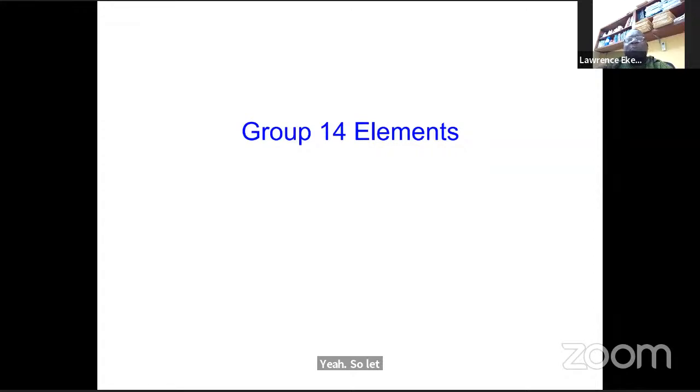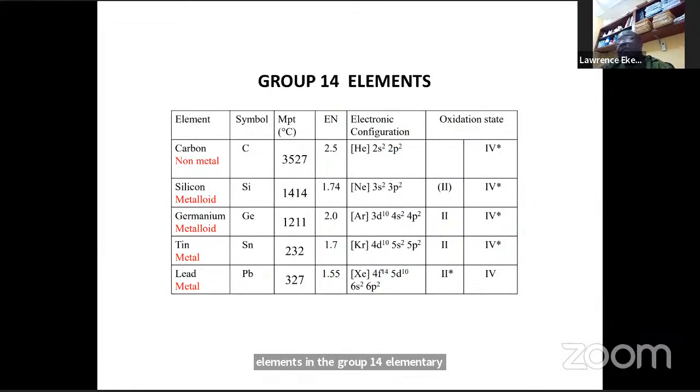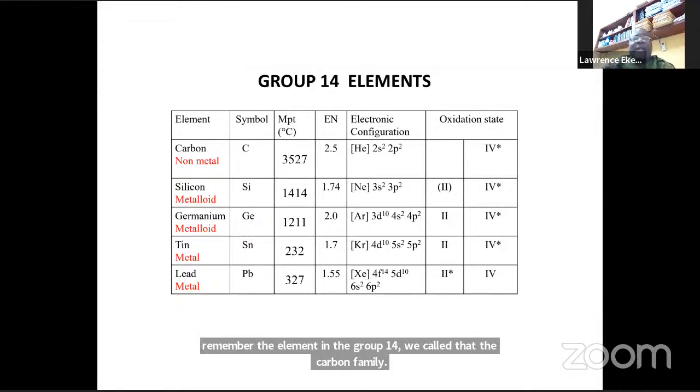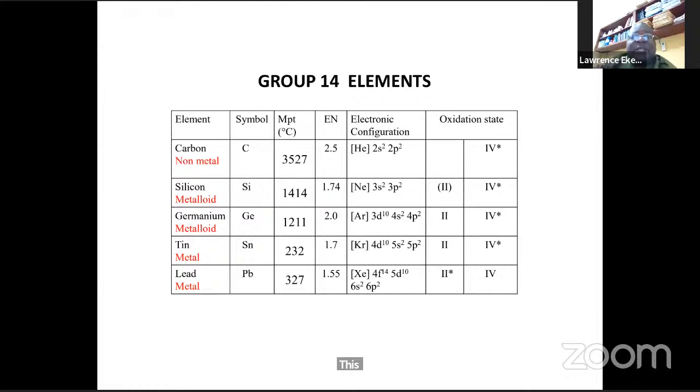So let us explain the properties of the P block elements using, first of all, the elements in group 14. Remember, the elements in group 14 are called the carbon family. This group includes carbon, silicon, which is a metalloid, germanium, which is a metalloid, tin, which is a metal, and lead, which is a metal.